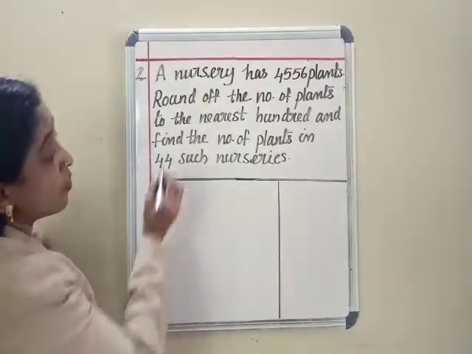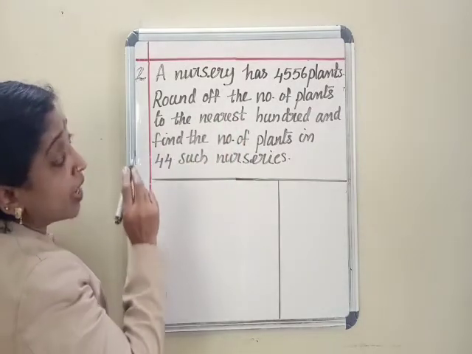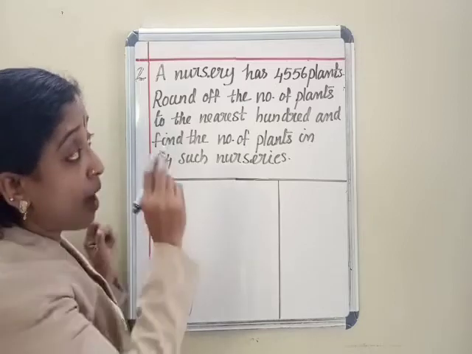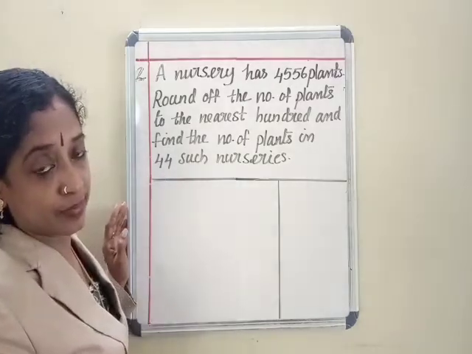Then we can write what? Number of plants. Not write like that way. Number of plants rounded off to nearest 100. Do you understand?